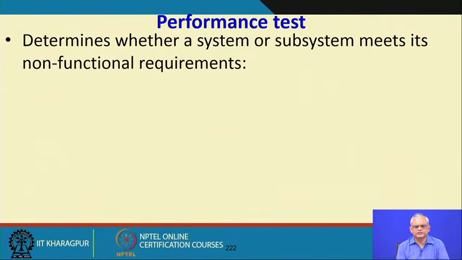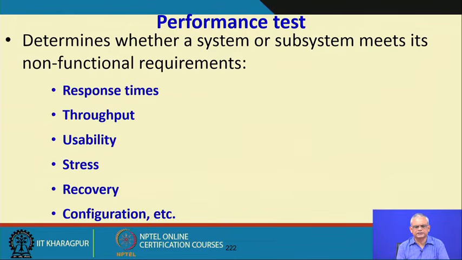The performance tests determine whether a system or subsystem satisfies the non-functional requirements. So, both the functionality and the performance tests in system testing are designed based on the SRS document. The functionality tests are designed based on the functional requirements, and the performance tests are designed based on the non-functional requirements.